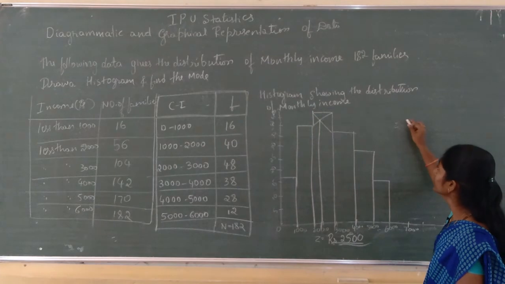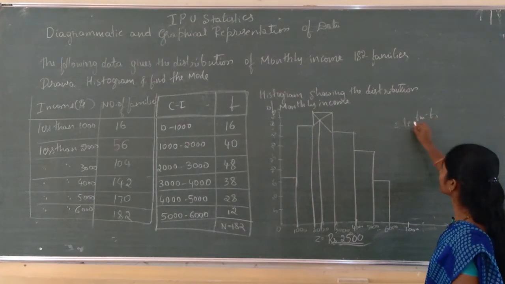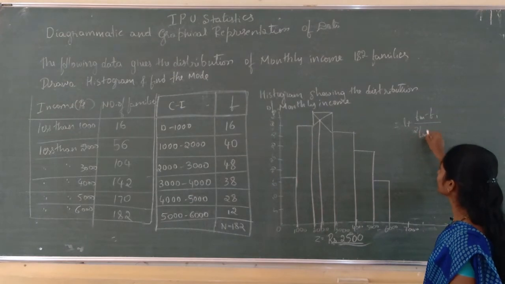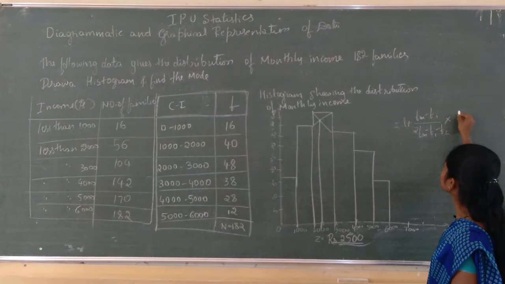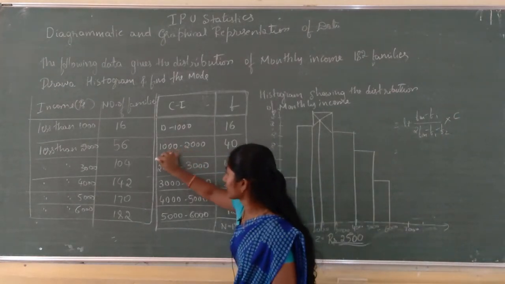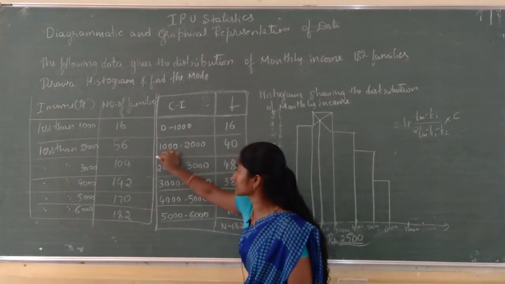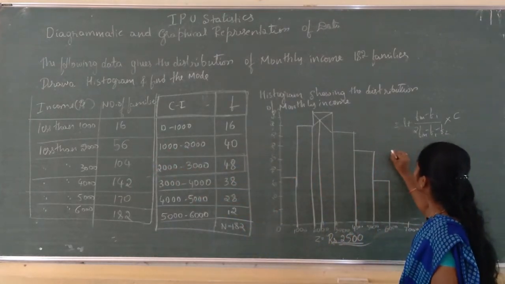Z equal to L plus (Fm minus F1) divided by (2Fm minus F1 minus F2) into C. Here L is equal to, see which one is the highest? 48 is the highest, therefore this is the modal class. L is equal to 2000.